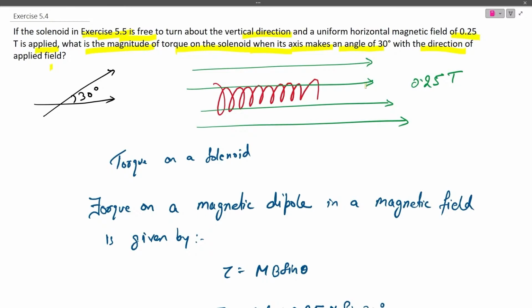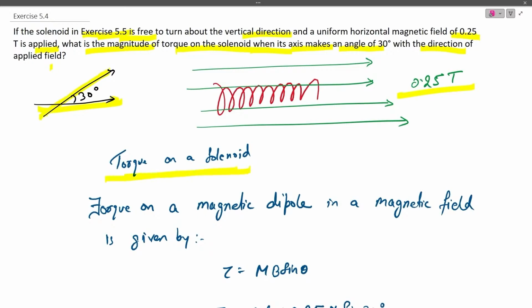So we can assume the problem to be like this. Magnetic field is from left to right with 0.25 Tesla magnitude, and the axis of the solenoid is making 30 degrees with this magnetic field. Now we have to find out the torque on the solenoid.